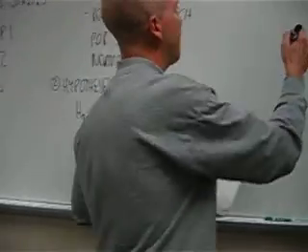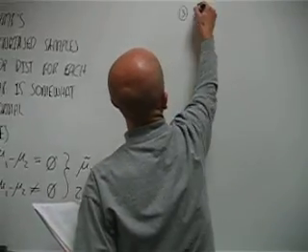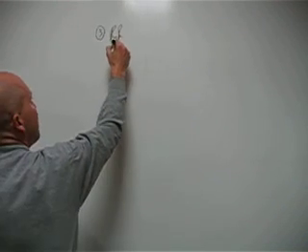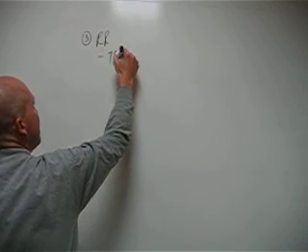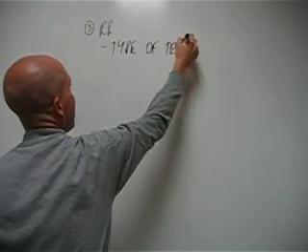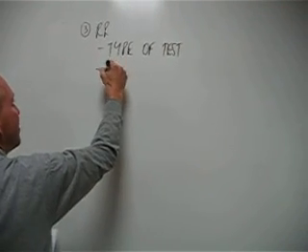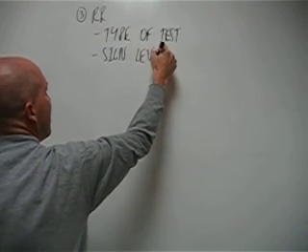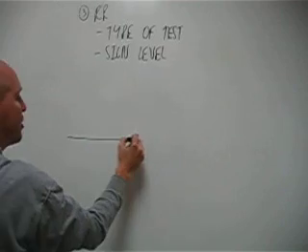The next step is to construct our rejection region. For the rejection region, we always need two pieces of information: first, the type of test, and second, the significance level. Here, I would suggest drawing a picture.